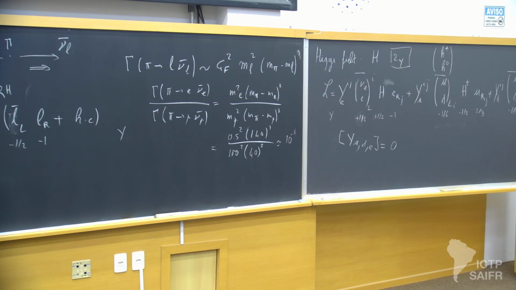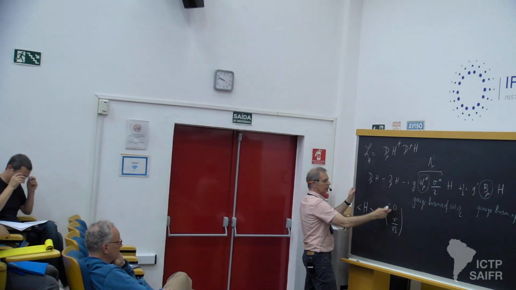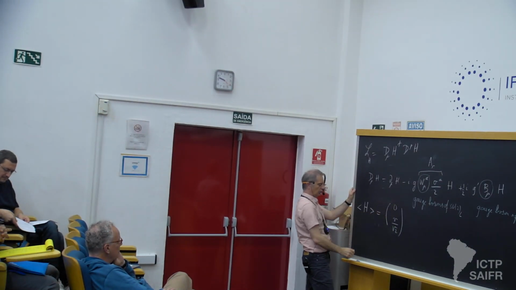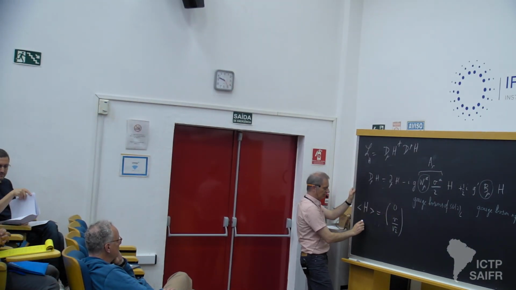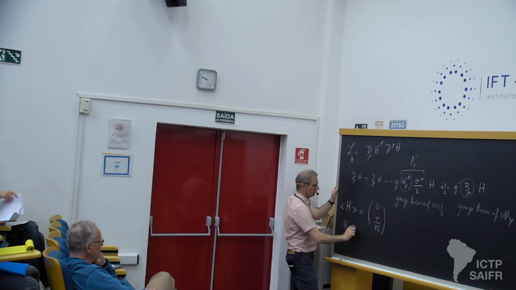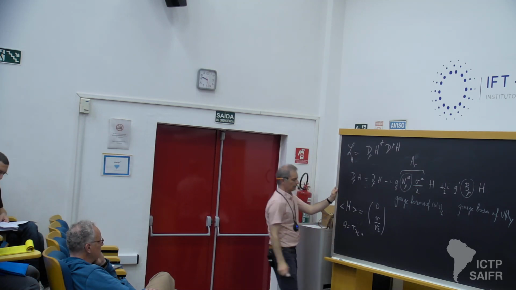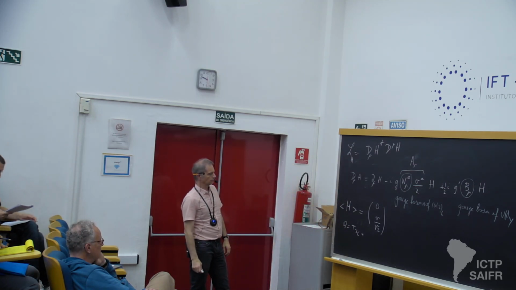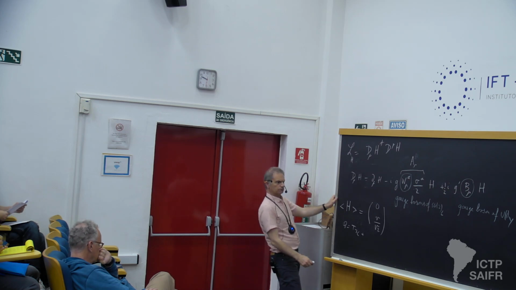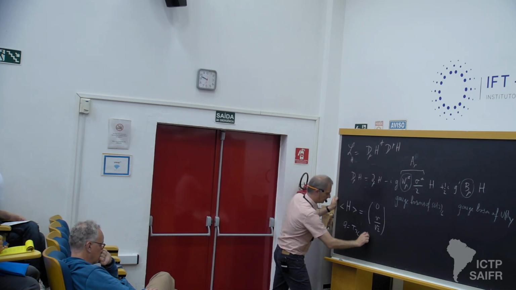So what is the electric charge of the upper component, right? I have an upper component and a lower component. What is the electric charge of this object on top of the doublet? The electric charge is again T3 plus the hypercharge.